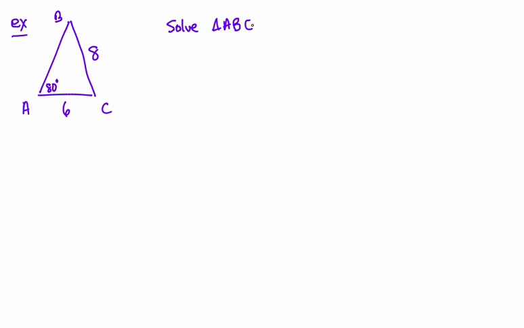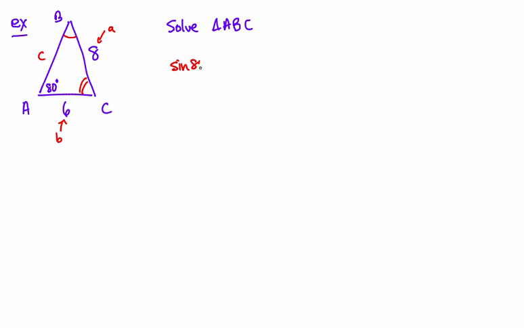So in this one, again, the instructions are to solve triangle ABC, and there's triangle ABC. It's nice to think about, well, there's your angle B, and there's your angle C. This is side C over here. Of course, this is sides A and B. And I can't figure out any of the interior angles because I only know one of them, so I'm going to jump straight into seeing if the sine law will work.